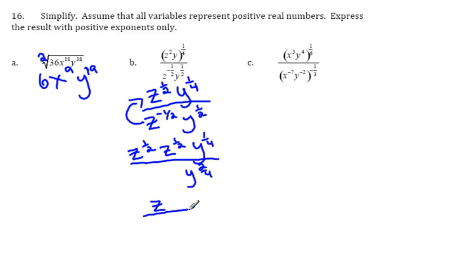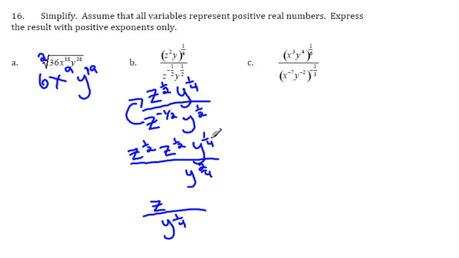And now, with y to the 1/4 in the numerator and y to the 2/4 in the denominator, I can use my quotient rule, which says subtract your exponents. But remember, I like to say take the bigger exponent and subtract the little exponent. 2/4 minus 1/4 is 1/4, and then the answer goes where the bigger exponent was. So that's y to the 1/4 in the denominator.